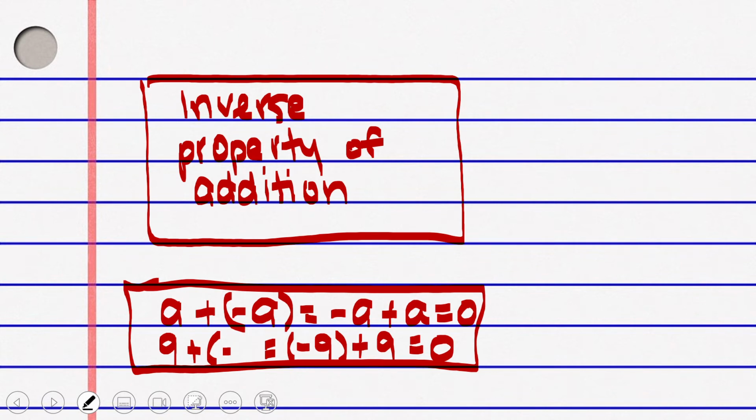It should be a negative 9 in parentheses. So the inverse is a fancy name for the opposite number to create 0 in value when you're talking about inverse. Let's look at a couple of examples.